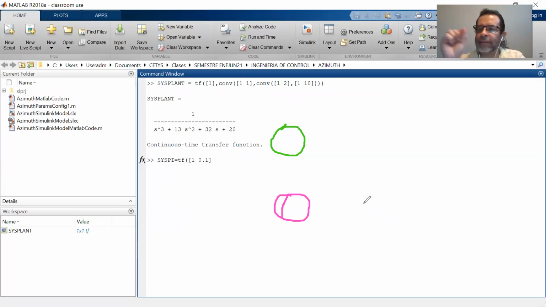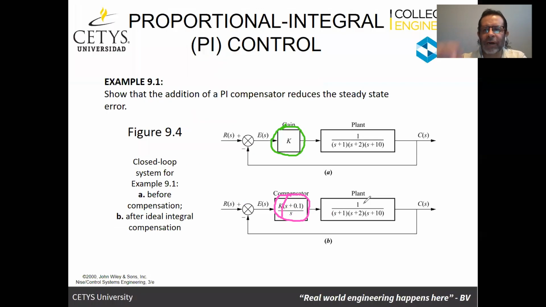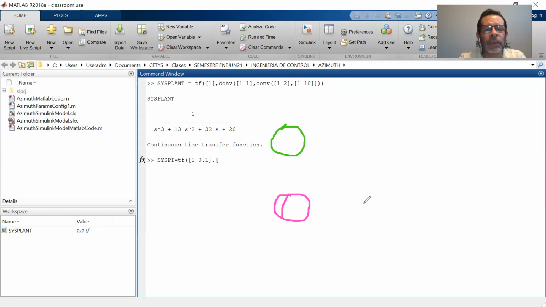Notice that the value of A that I'm adding in the model of the controller is a very small value. We're adding another 0, but it's very close to the origin. Any value that's close to the origin is really not going to have an effect on the overall system. And in the denominator, we have a 1 and 0. There might be an error here, and we're going to correct it in a moment. Oh no, it was okay. So now we have the controller.